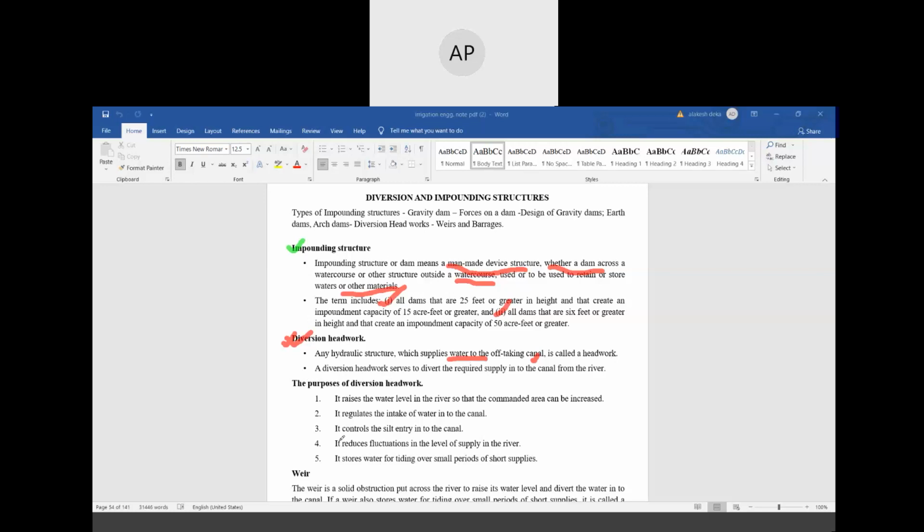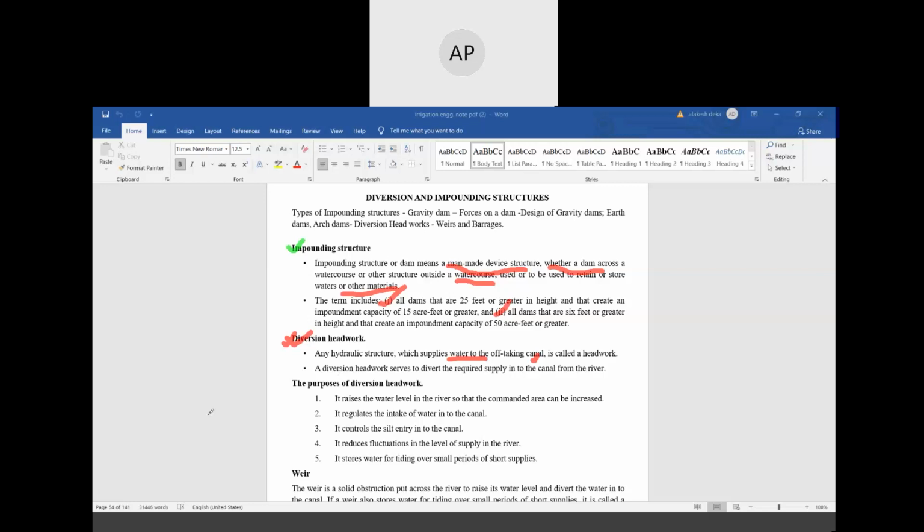So, what is a canal? A canal is an artificial waterway constructed to convey water from the river. Basically, it is a hydraulic structure.